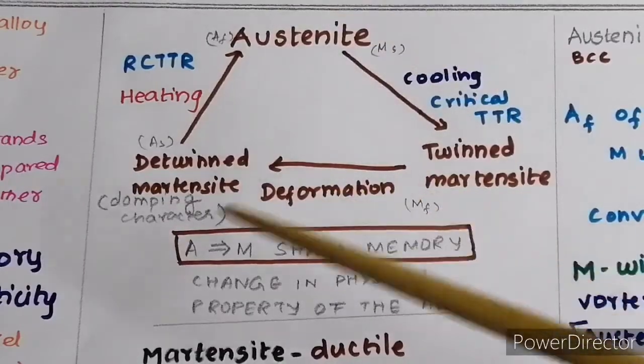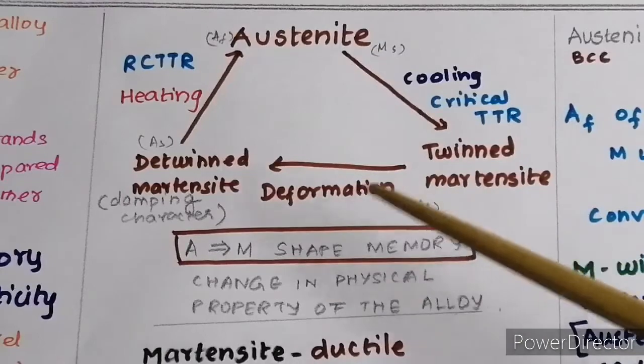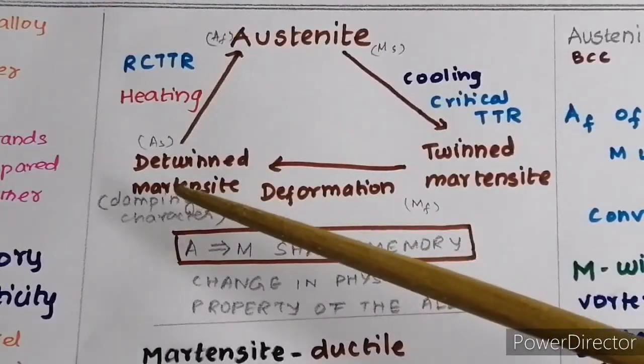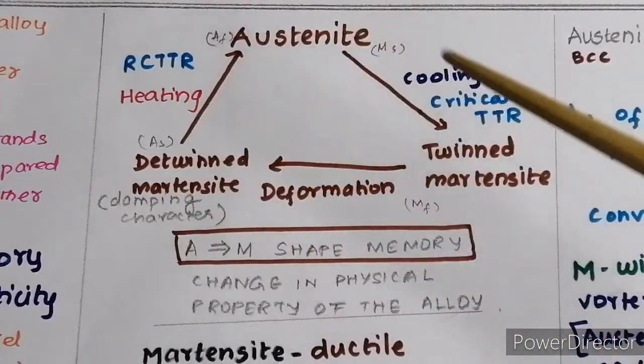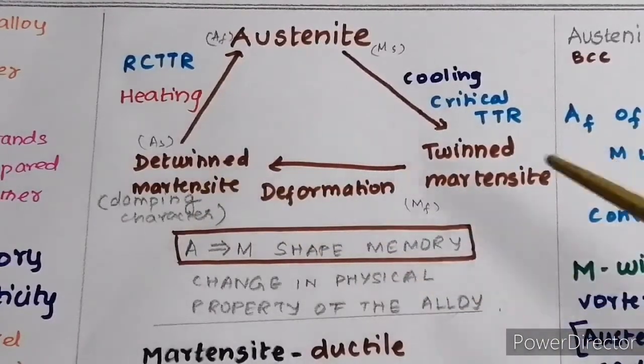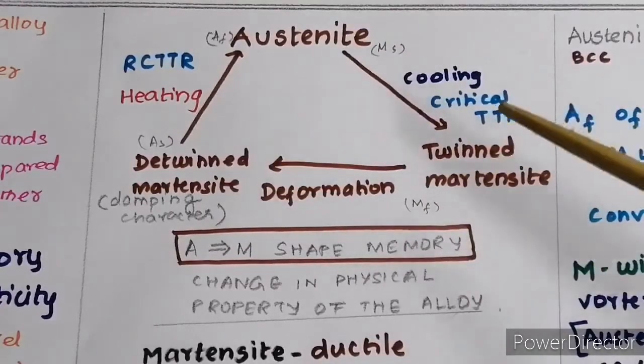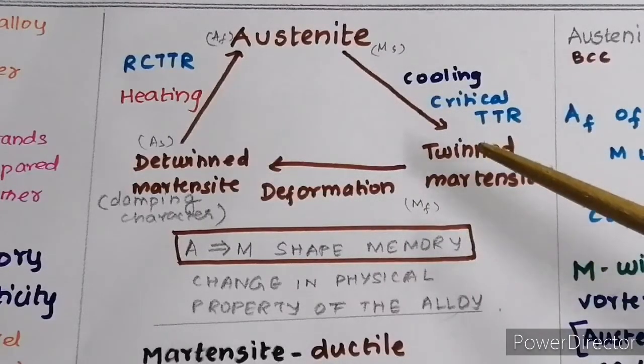So in between this, twinned martensite, when it is deformed, it can turn to detwinned martensite. Okay, so austenite, twinned martensite and detwinned martensite. So in between this austenite and martensite phase, we have another phase called as R phase. We will discuss about the importance of R phase later.